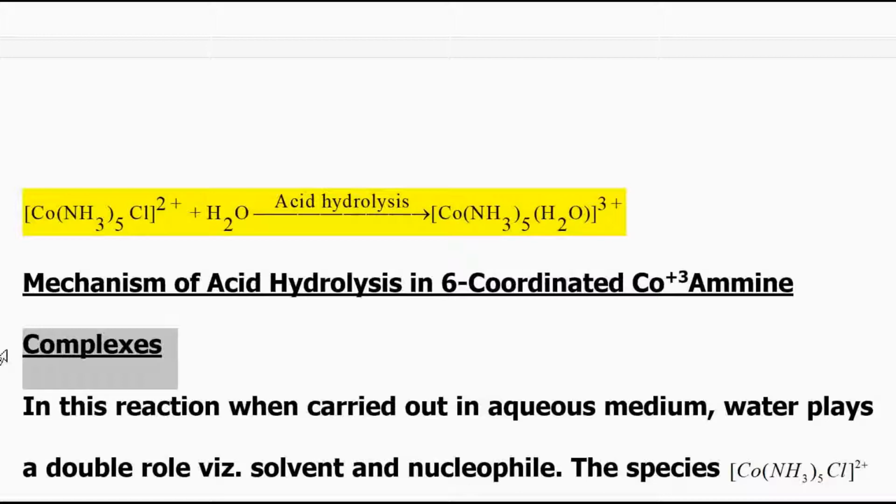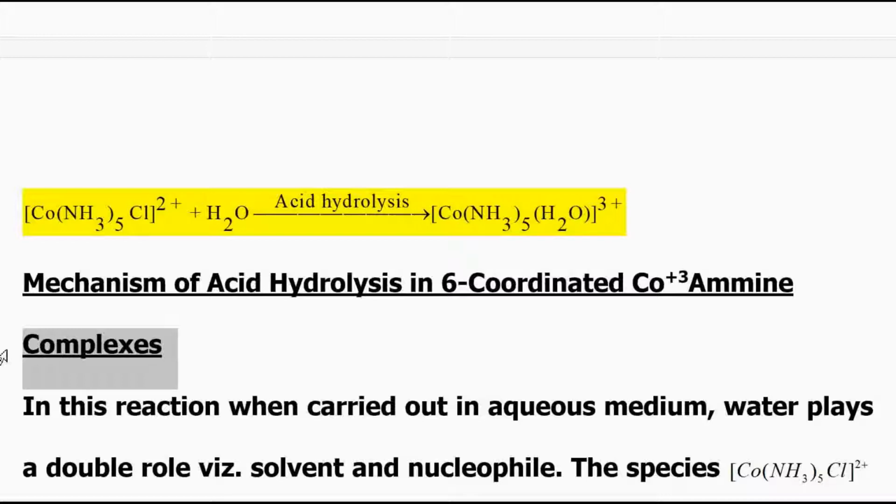Now let me explain the characteristic of SN2 mechanism. In case of SN2 mechanism, the rate of the reaction depends on the concentration of the substrate and attacking reagent.